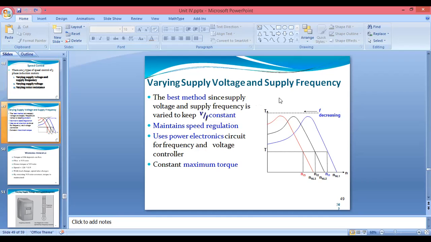By changing the supply voltage, we can change the value of frequency, so you get V by F constant. By maintaining this constant, you can maintain the speed regulation of the three-phase induction motor.